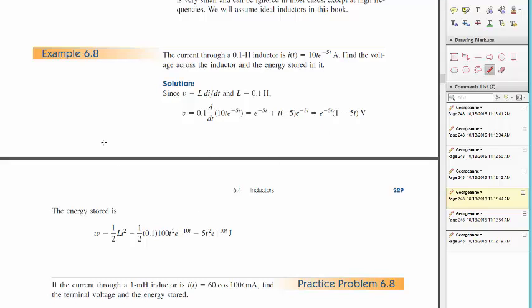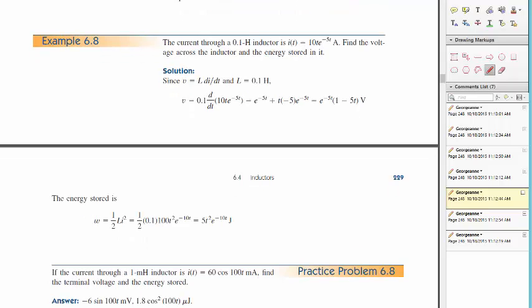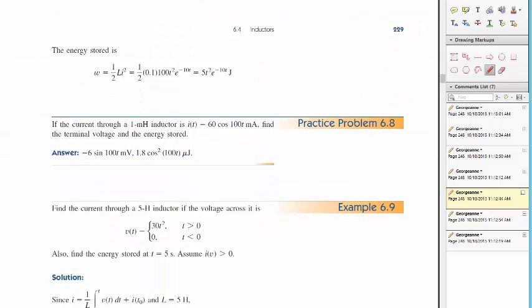Similarly, the energy stored just by plugging in the equations is 1/2 Li squared. So I do have to square a function that has a t in it, which should be something that everybody in this class can do, and your answer will be in joules. This time your textbook put the units in, so I was happy.